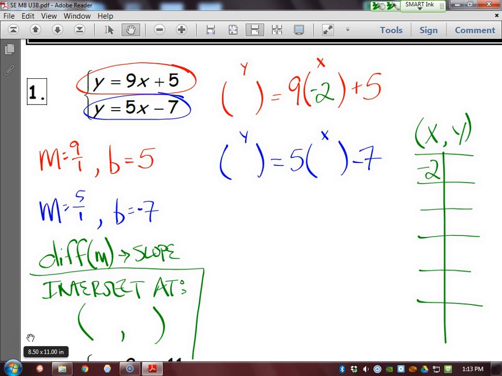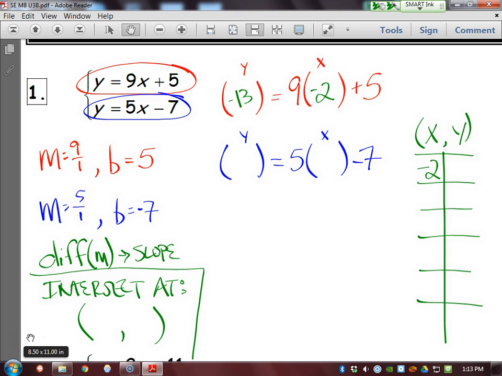So what is 9 times 2? 18. -18. So now we have -18, and we have +5. So that's -18 and +5, and that gives us a -13.